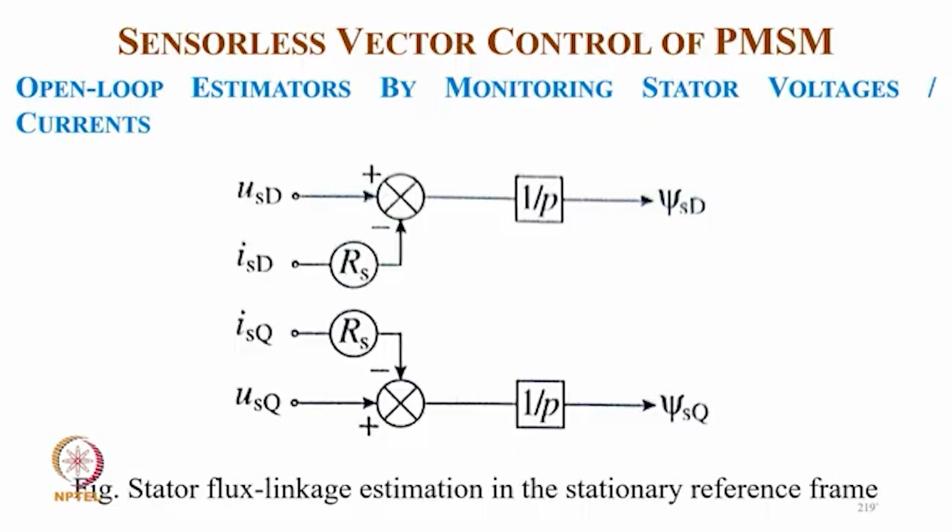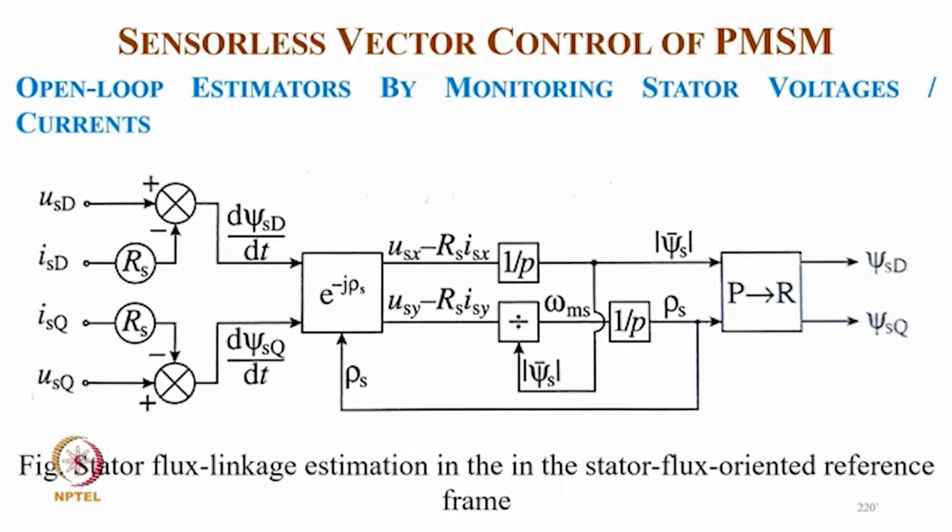And these are the stator flux linkage estimations. So we get the voltage and the current, and from this voltage and current we are able to get the flux by subtracting the RS drop. Similarly for the Q axis we also get psi SD and psi SQ, and from psi SD and SQ we get the derivative, and from taking this position we are able to get USX minus RX and USY.